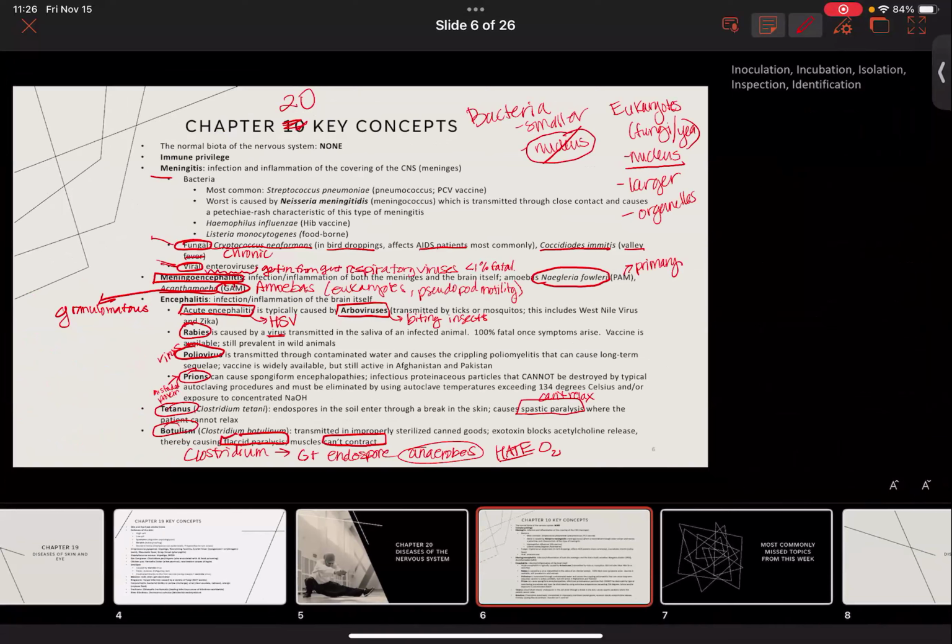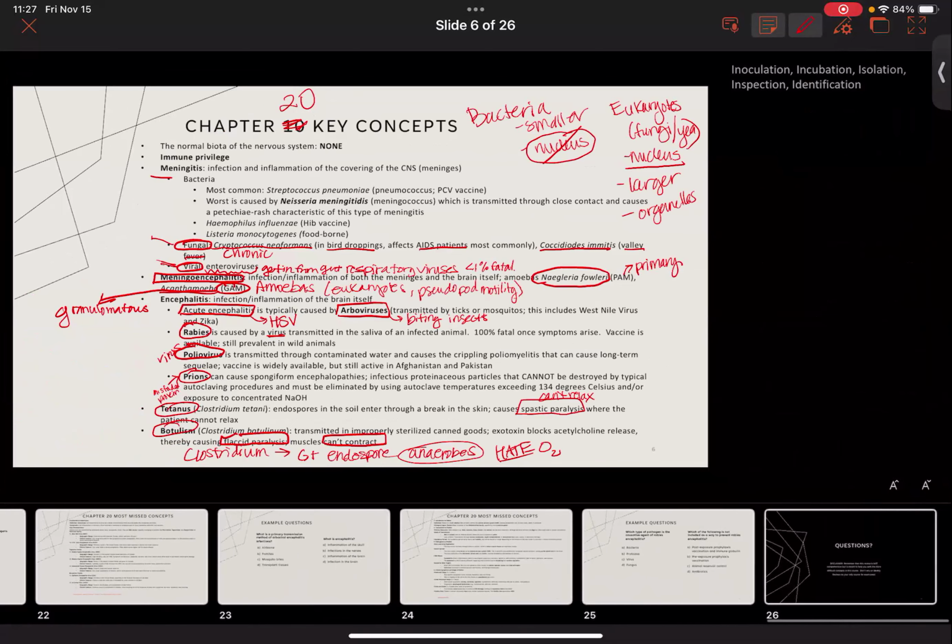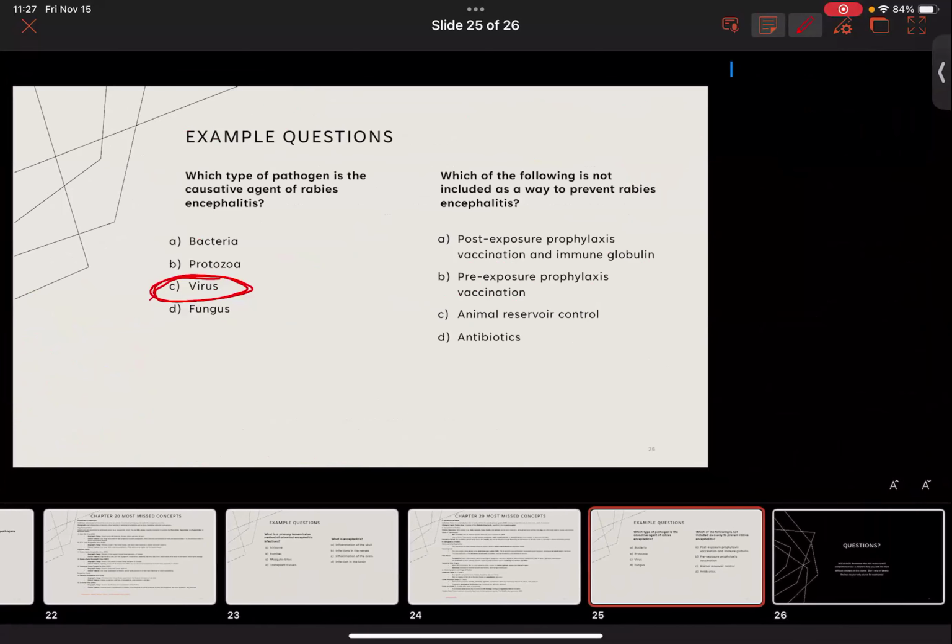So this is chapter 20, right? Rabies, virus, 100% fatal, vaccine available, still prevalent in wild animals. Great. So that's what we needed to know for the study sheet. And the question is, which of the following is not included? Well, we know we need to have the vaccine. So we have vaccination, pre-exposure vaccination, and there's post-exposure vaccination.